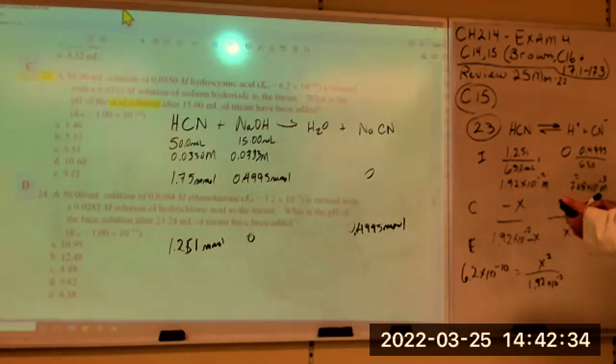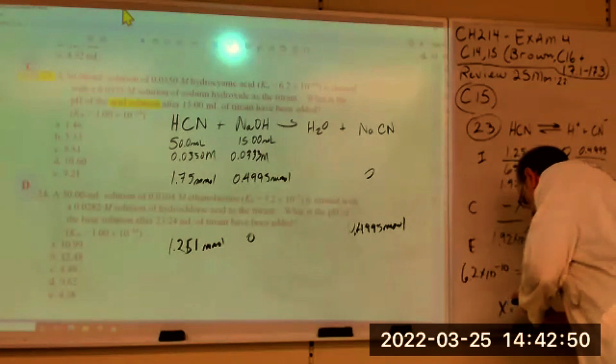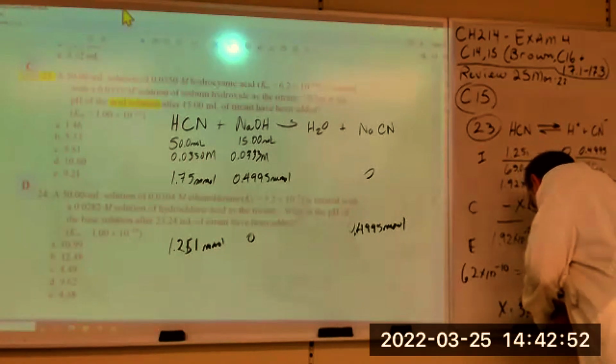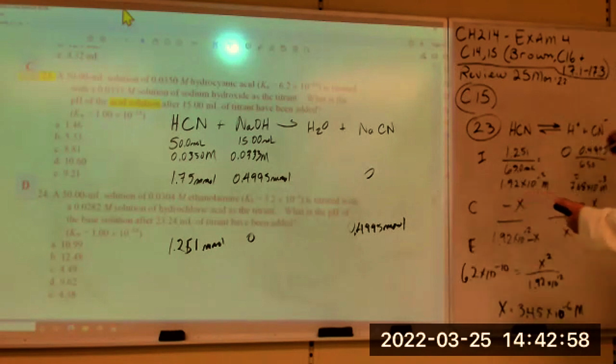Let's see. 6.2, 10 to the minus 10, times, and then take the square root of it. So I get X equals 3.45 times 10 to the minus 6 molar, and this is equal to the hydrogen ion concentration.